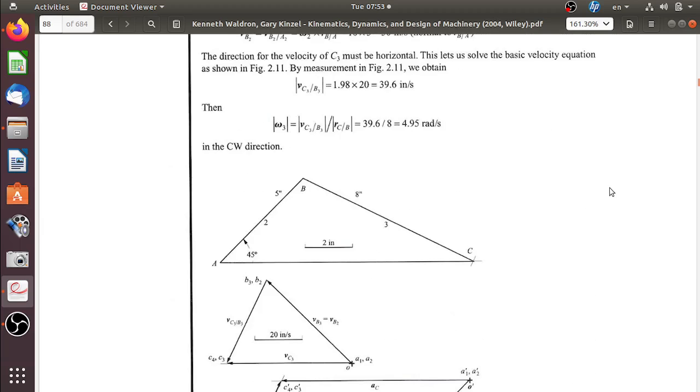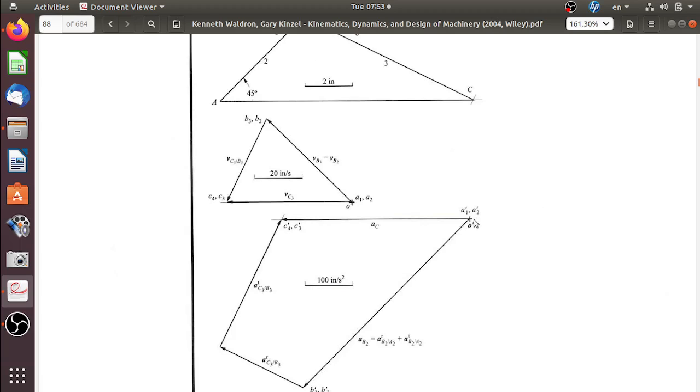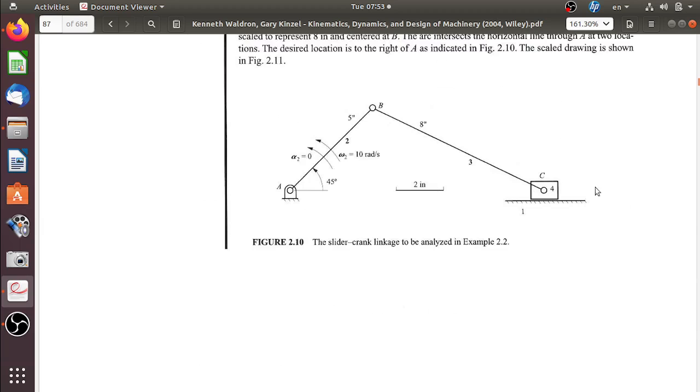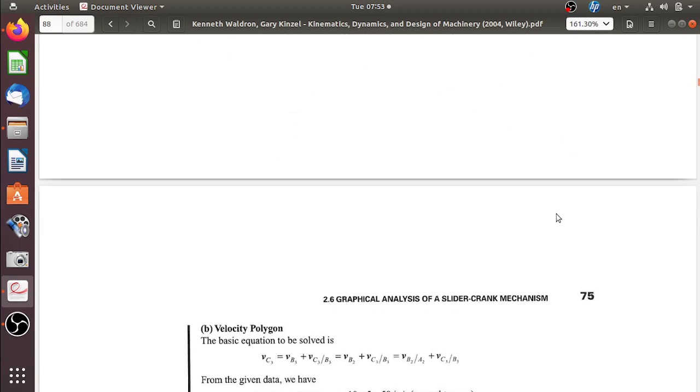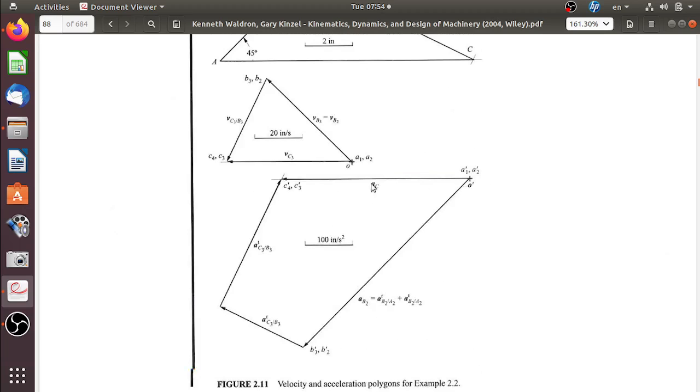Therefore I'm going to construct a line from point O, because that motion is in that direction with respect to link 1, so I draw a horizontal line.